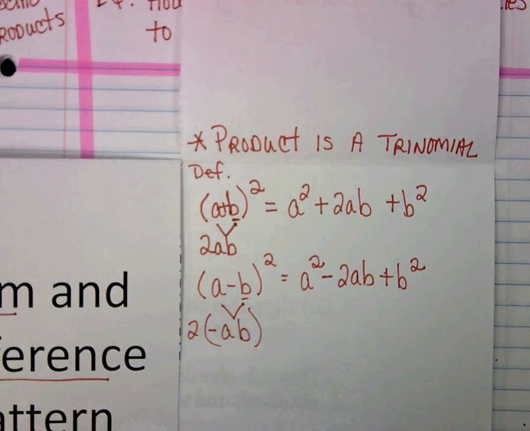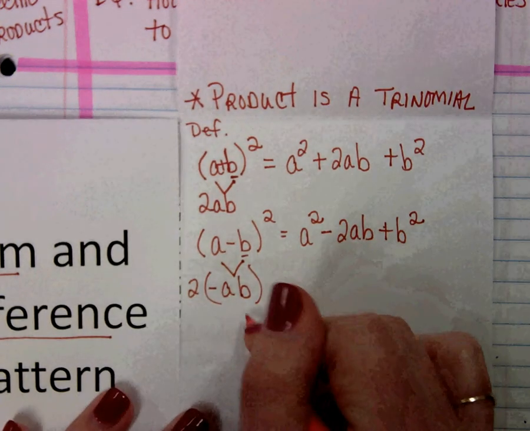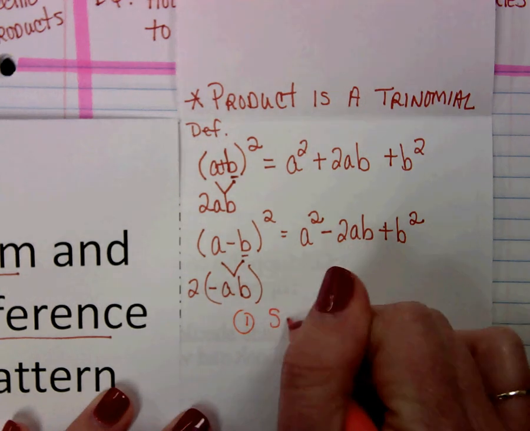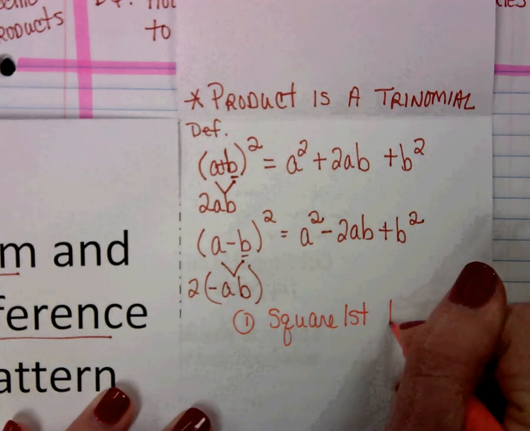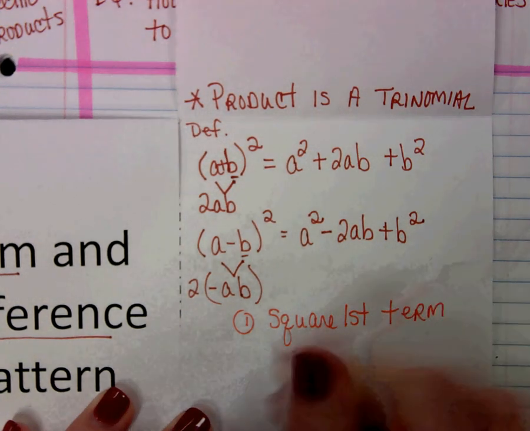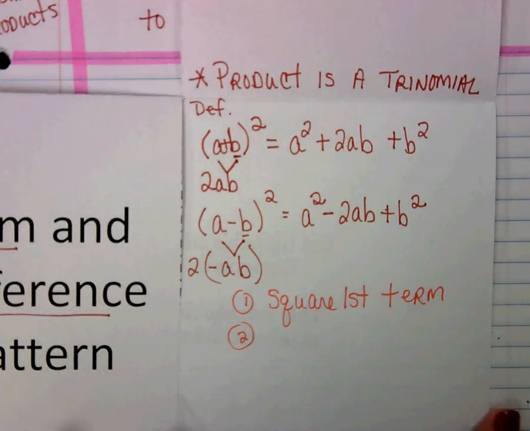Okay, so let me write down those steps that I was kind of talking you through. So number 1, we square the first term. Number 2, we square the second term.